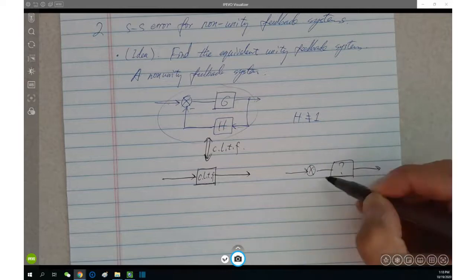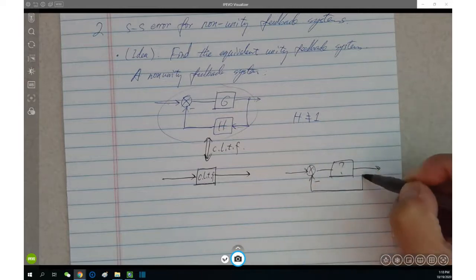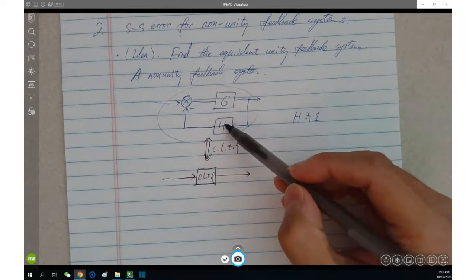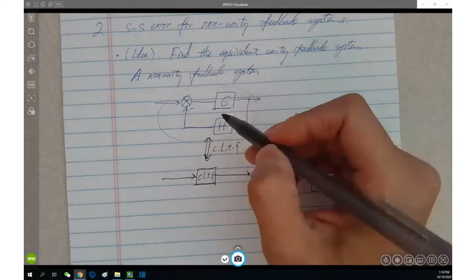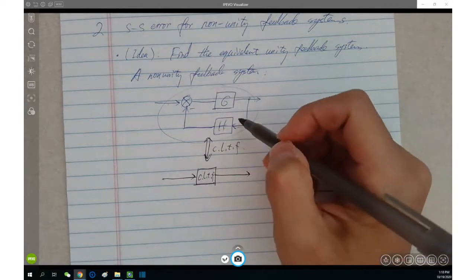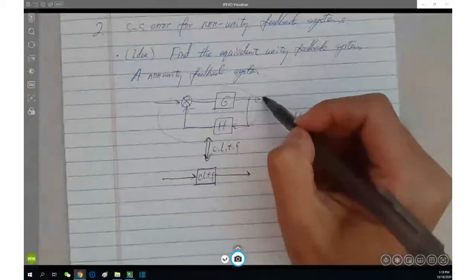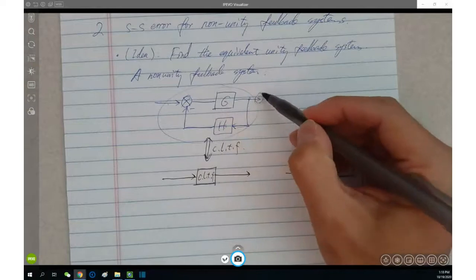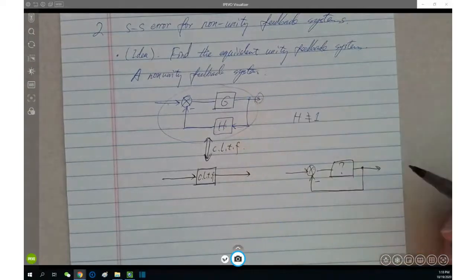If you shift your H out, where can you shift it to? You shift it to here, you're going to have something here. You shift it here, you get something here. It's not like this. It won't be like this. Does it make sense?